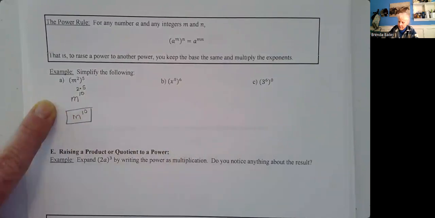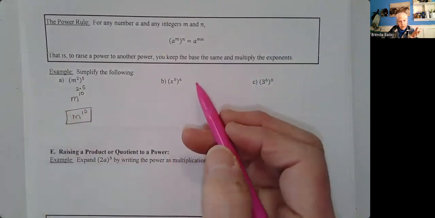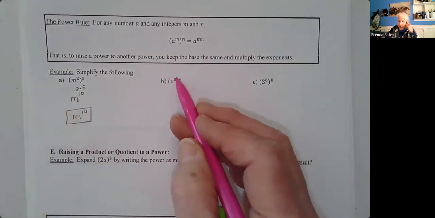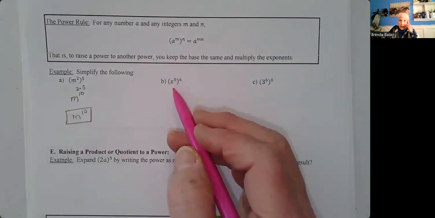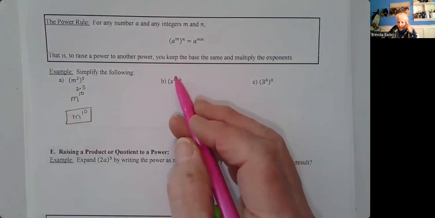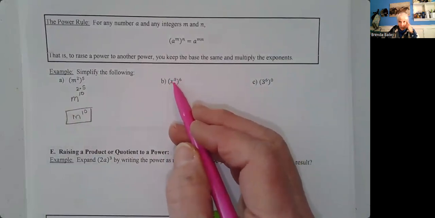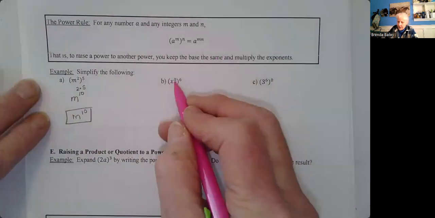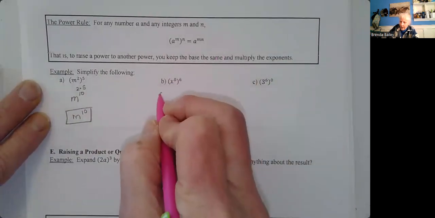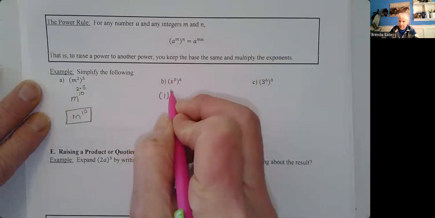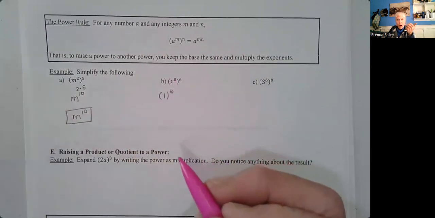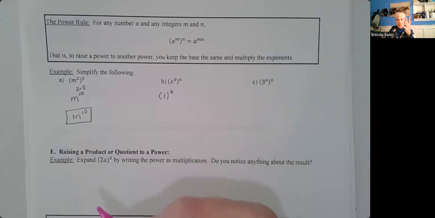Now here, a couple of ways you could do this. You could simplify inside first, and we'll be looking at that later. Anything to the 0 power is 1. Then 1 times 1 times 1 times 1 times 1 times 1, 6 times, is just 1.